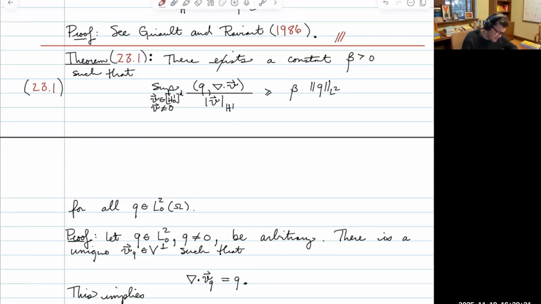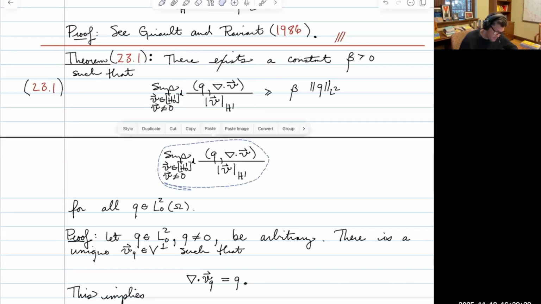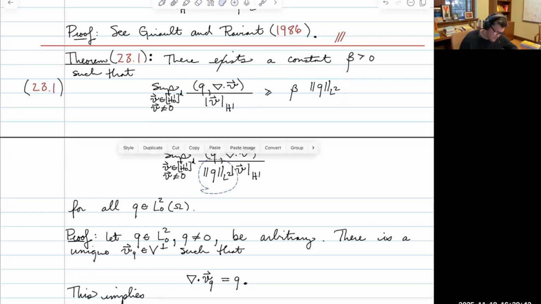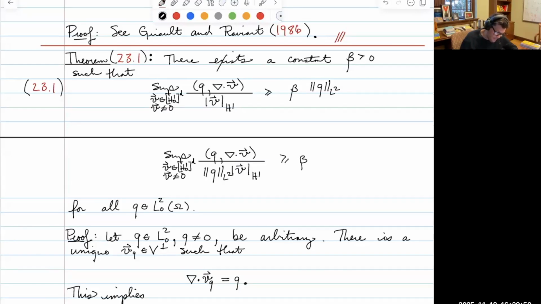Okay, so if I have that, this object, and we know that this is going to be greater than or equal to beta, for all Q not equal to 0. Of course, Q is in this space L2, 0.